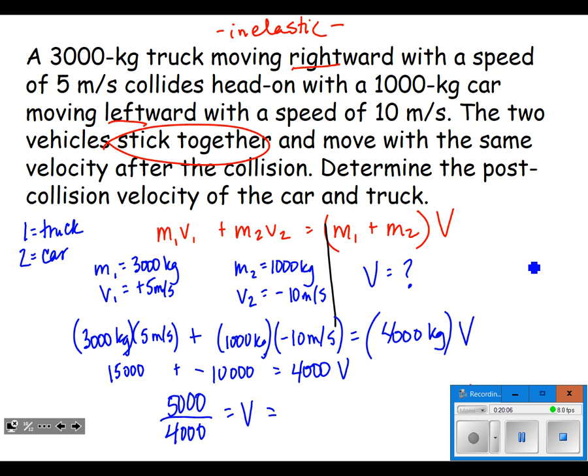Yeah, 1.25. And that's meters per second.